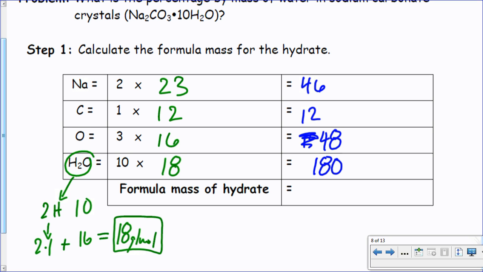Now, I hope I did my math right. 286 grams per mole. Let me just check that again with a calculator. 46 plus 12 plus 48 plus 180. 286. Sweet. So our whole in this case, the hydrate, is 286 grams per mole.